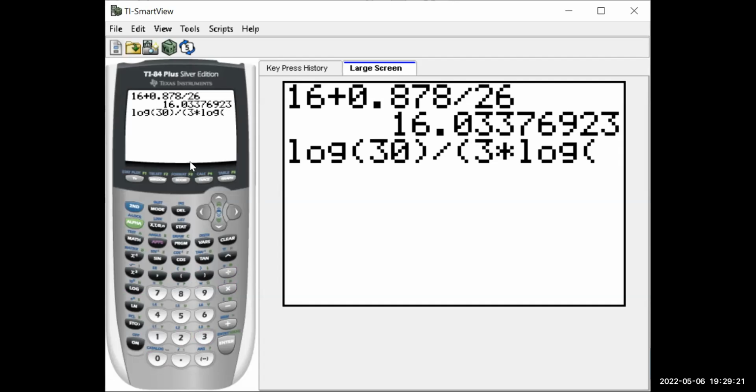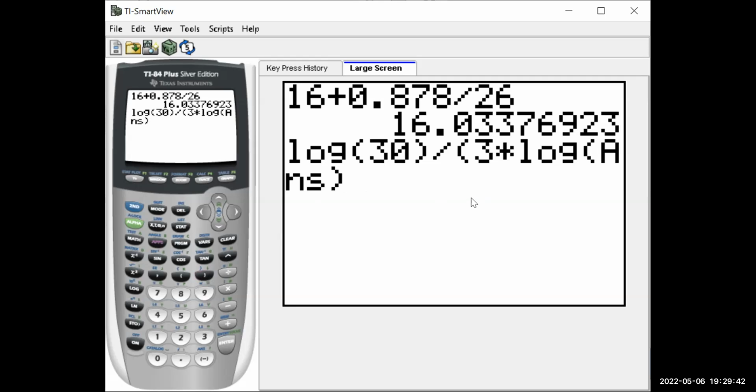And I can hit common log and type in the whole number, or I can just hit second and answer. And it's going to put in the calculator for me the last answer, which was the 16.0337. Okay. And then close the parentheses.